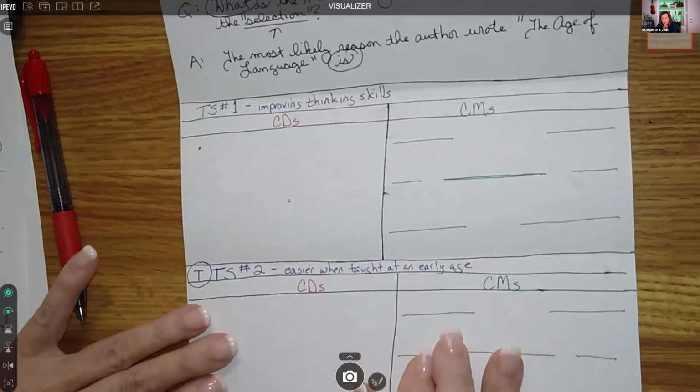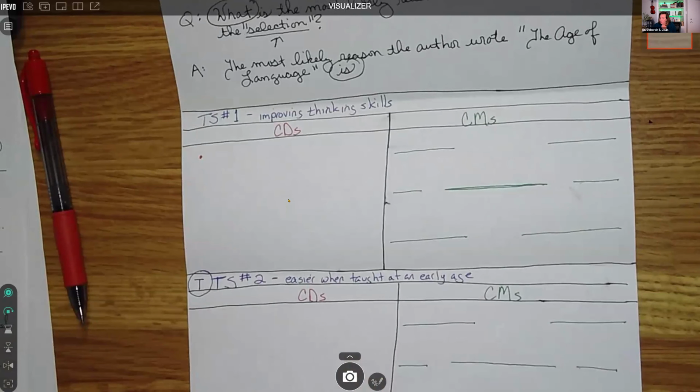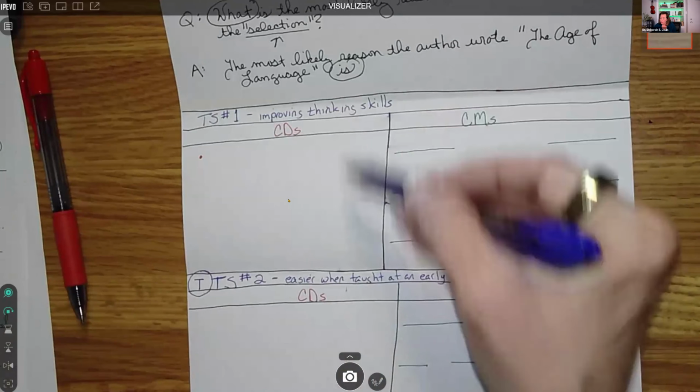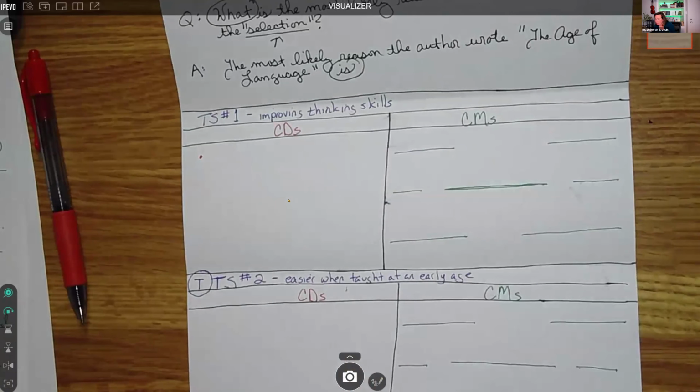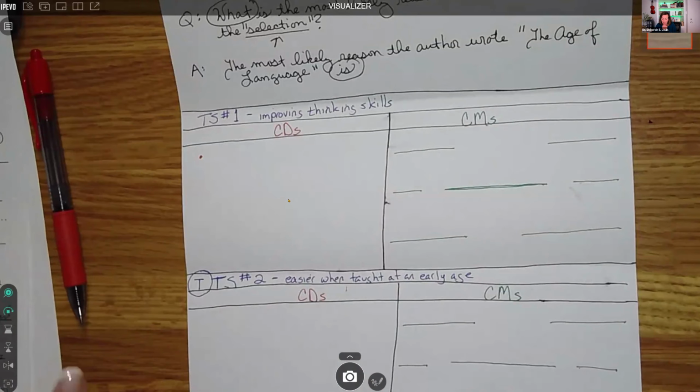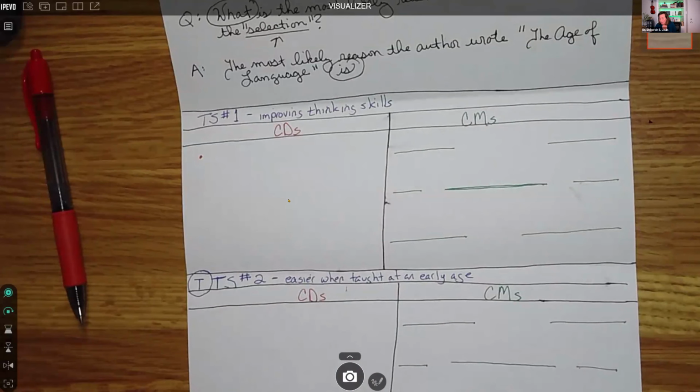All right. And so that's what I learned from this. These are the two things that I learned. And if it's an SCR, I'll combine them into one. It's easier to teach a second language at a younger age, because it improves their thinking skills, or develops thinking skills or something like that.